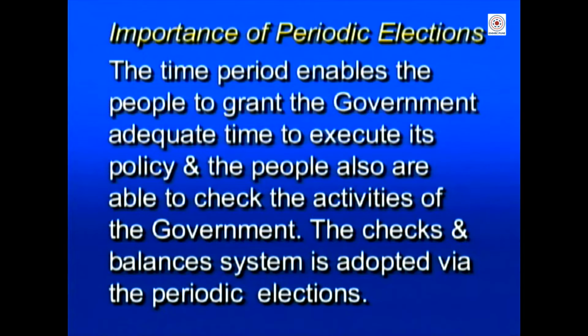So in the Indian political system, we find that every 5 years we have been granted as citizens the right to choose our representatives. So this time period enables the people to grant the government adequate time to frame a policy and execute it, and also the people are able to check the activities of the government. So the checks and balances system is adopted via the periodic elections.